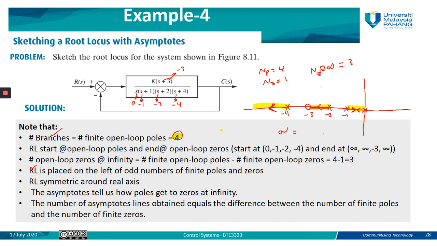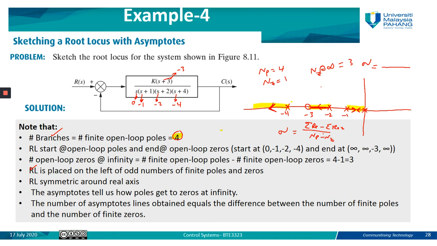So how to find the centroid point? We said it's the summation of the real part of poles minus the summation of the real part of zeros, over the number of poles minus the number of zeros. If we want to find the value of sigma, or the centroid point, we need to apply the formula. The centroid will equal the summation of the real part of poles.